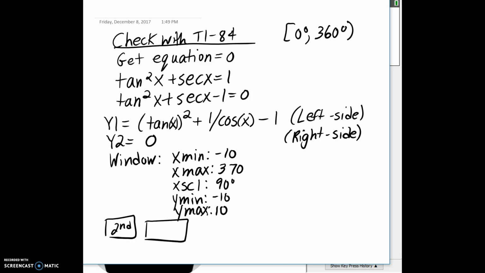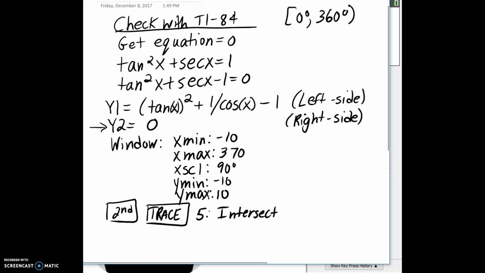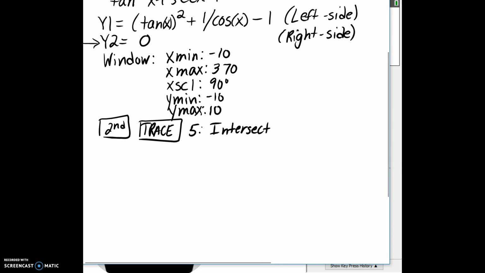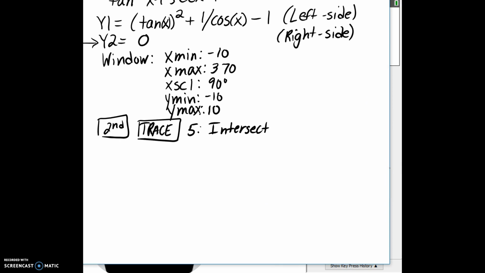You could do second trace 0 as a different option, but I like the intersect for this because it makes it nice and quick and easy. If you wanted to do 0, then you would not need to put in the y equals 0 part of the calculator. Okay, and then once we get to here, I just want to move this down a little bit. I'm going to sketch what this graph looks like after the fact.